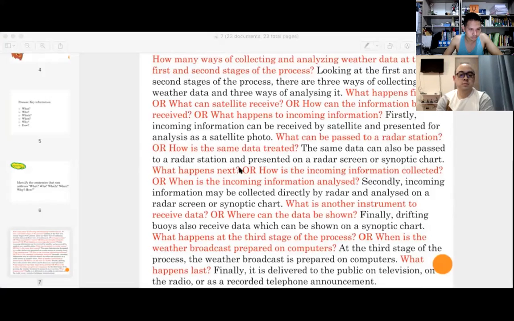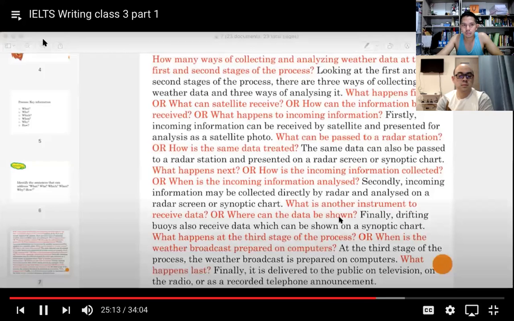What happens next? Or how is the incoming information collected? Or when is the incoming information analyzed? Secondly, incoming information may be collected directly by radar or analyzed on the radar screen or synoptic chart, right?